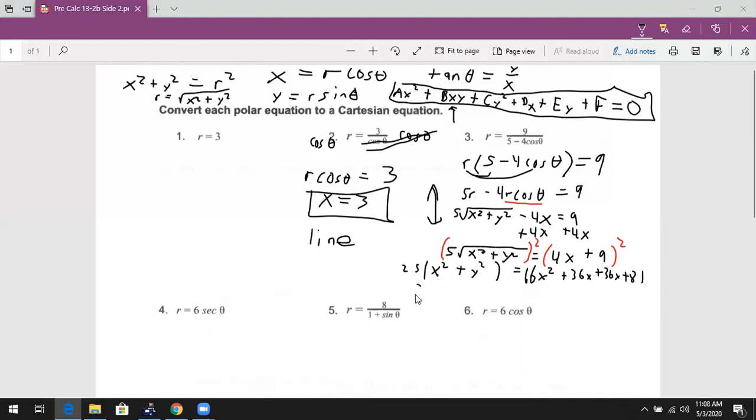Distributing the 25 through, I get 25x squared plus 25y squared equals 16x squared plus, combine these for 72x plus 81. Now, we got to bring everything to one side, so I'm going to bring this over.